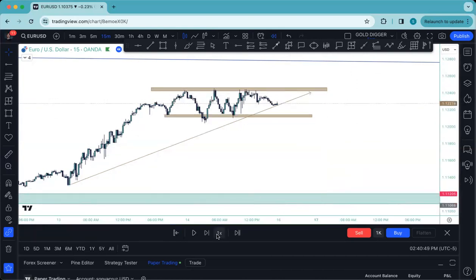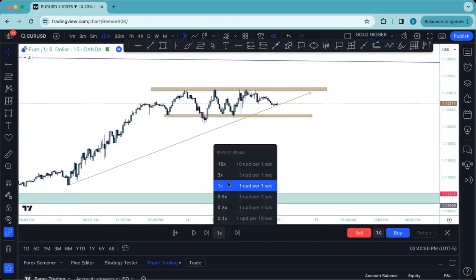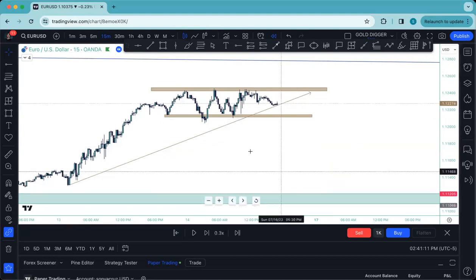But what you can do is this. So you want to go down to, if you have it at 10, it's just going to shoot through and it's going to be too fast and you're not going to be able to emulate like it's the real market and as if you were getting in an actual trade. I would recommend it being at like 0.3 to 0.5.